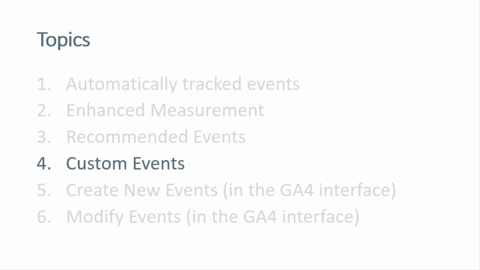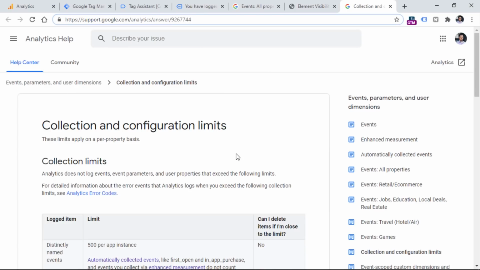The next topic that I want to talk about in this video is custom events. If you want to track some events on your website and send them to Google Analytics 4, and those events are not covered by automatically tracked events, enhanced measurement, or recommended events, then you can create custom events. So this means that you can name them whatever you want. I mean, there are still some limitations and some rules.